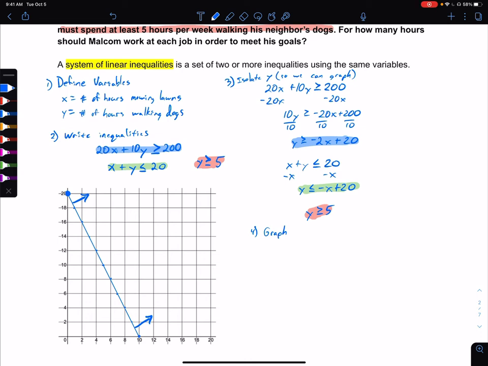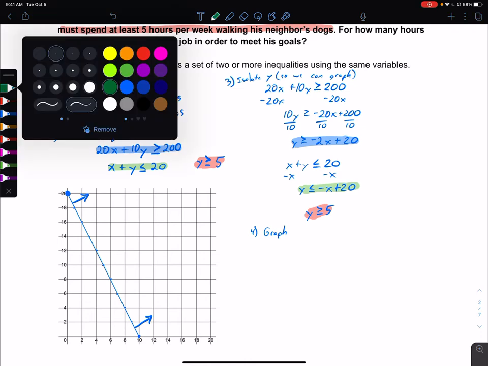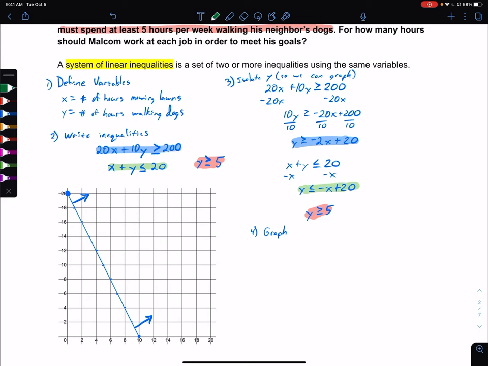All right, next we're going to do the one in green. So what we have is y is less than or equal to negative x plus 20. So again, we have a y-intercept of 20, but this time my slope is negative 1. So I'm going to go down 1 over 1. So that'll be here, here, and it would just be these points here.